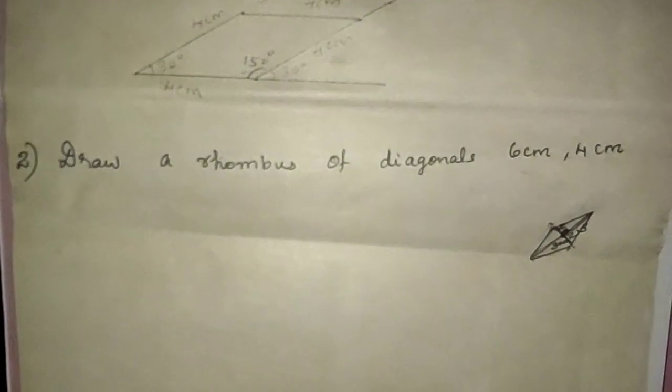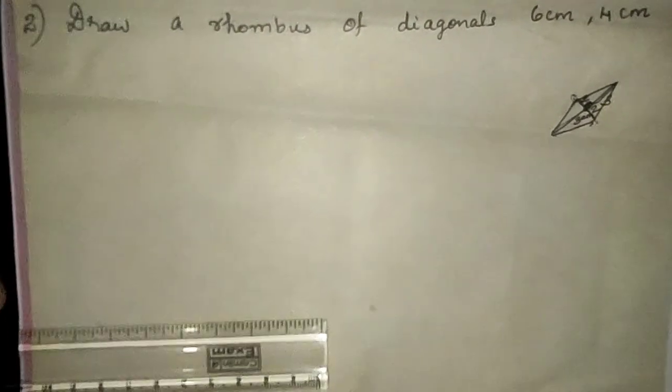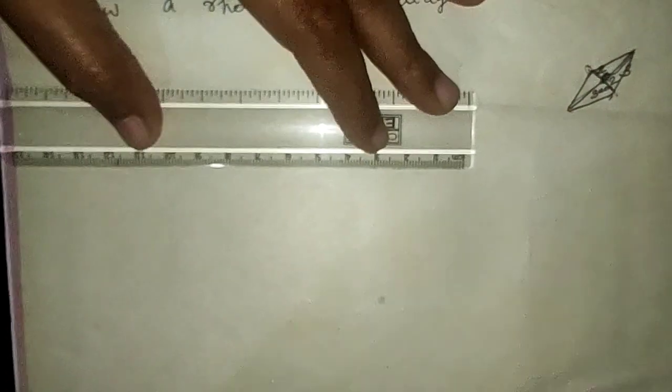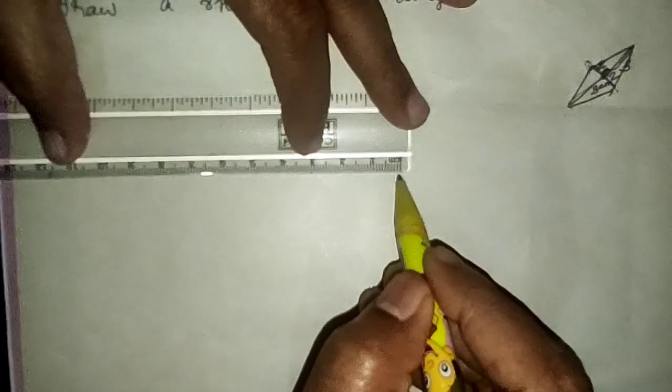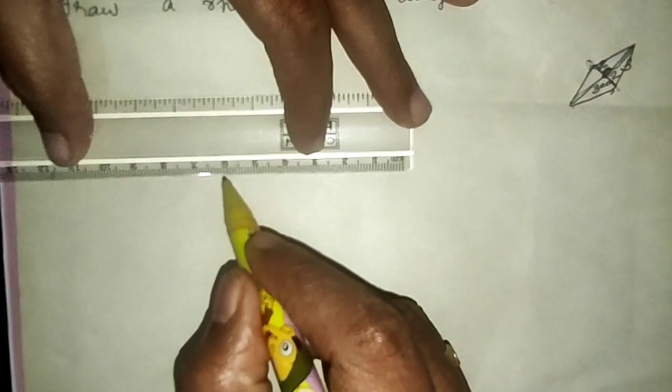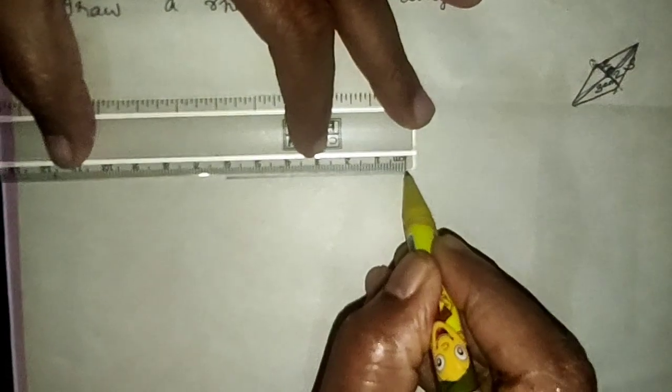So we know diagonals are perpendicular bisectors of each other. Okay, so here I am going to draw the first diagonal. Okay, what is the length of the first diagonal? First diagonal's length is equal to 6 centimeter. Okay, now I am going to draw the perpendicular bisector.